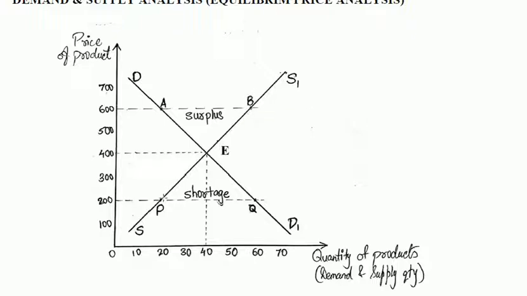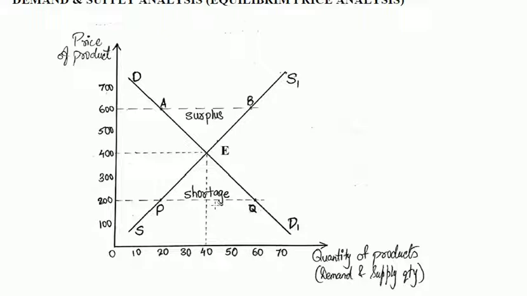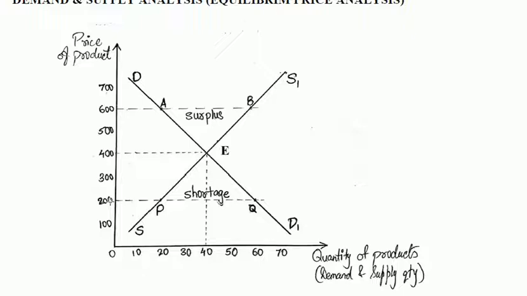So my supply from B has reduced to P. Because of the decrease in supply and increase in demand, there is a shortage of products, because I have only 20 units to sell, and 60 units is the demand for my products. When there is a shortage of products, the prices tend to push upwards.